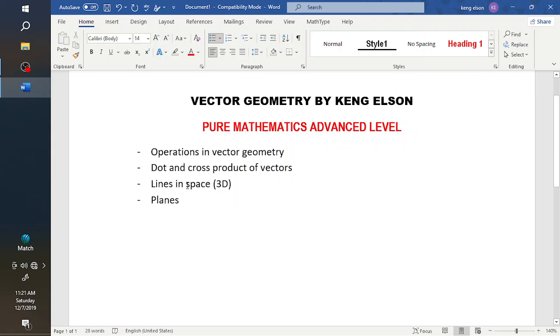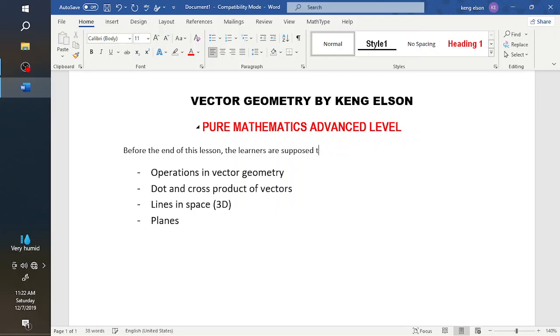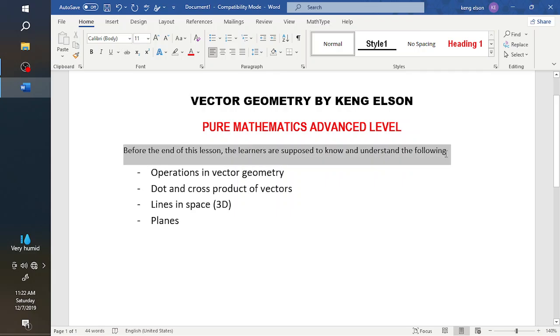If there are other things, I'm going to inform you and add them. Before the end of this lesson, the learners are supposed to know and understand the following.